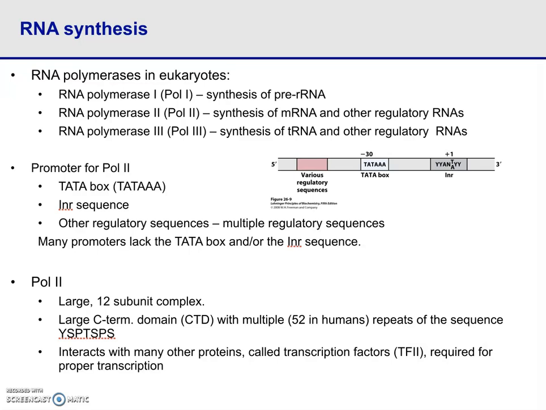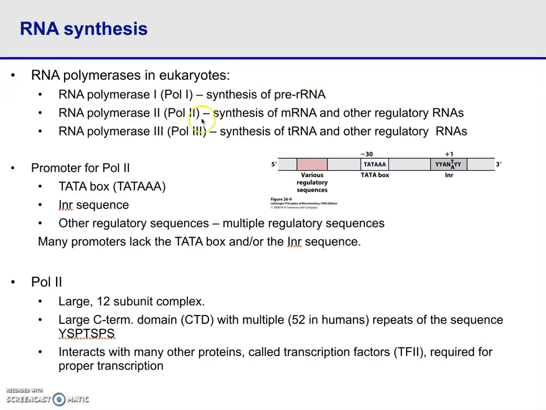The RNA polymerases, as you can see on the slide: there's RNA polymerase 1, which synthesizes primarily pre-rRNAs. In other words, this polymerase is responsible for the synthesis of the RNA that's going to be part of the ribosomes.